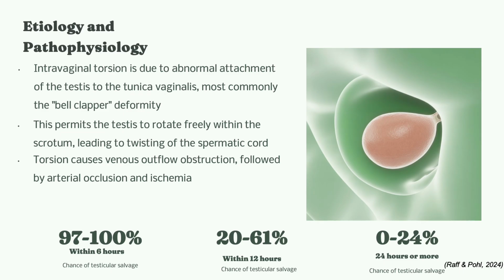Testicular viability declines sharply over time. Less than 6 hours, up to 100% salvage. As time increases, at 12 hours, 20 to 60% chance of testicular salvage, and then 0 to 24% within 24 hours.